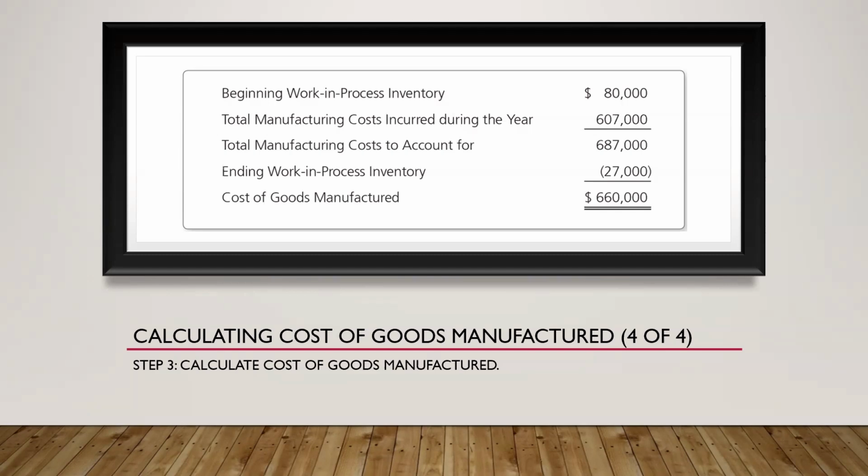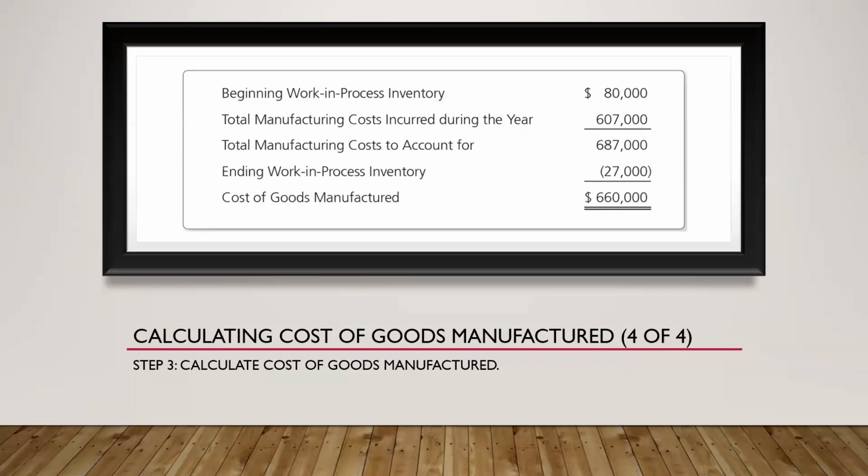The units that are represented by these costs will either be completed and transferred to the finished goods inventory, or they will be partially completed and remain as ending work in process inventory.